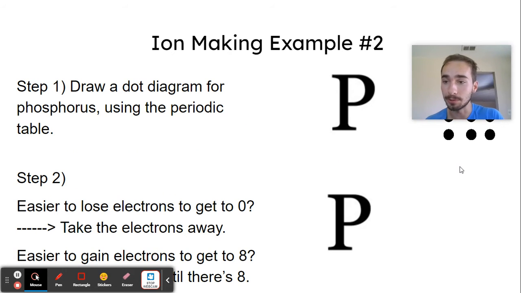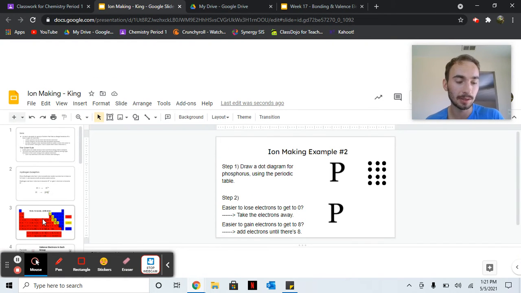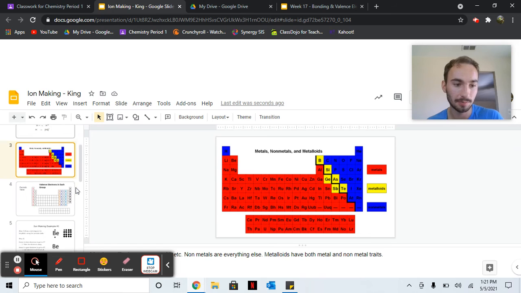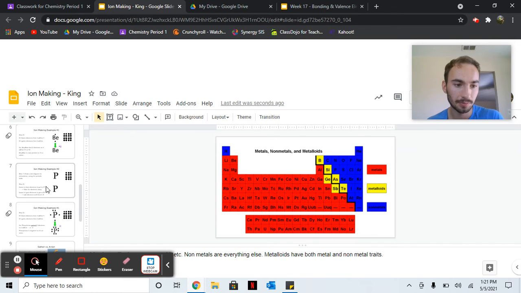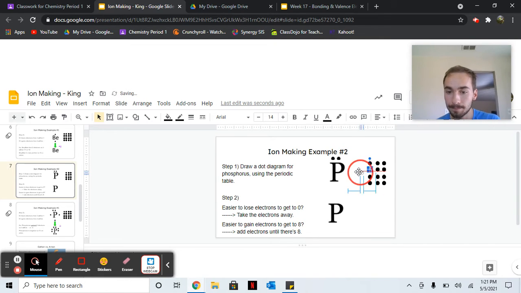The other example we'll do is phosphorus. So phosphorus, if you look for it on the table, you'll see phosphorus is in this column. And this column all has 5 valence electrons. So you put 5 valence electrons over here. Okay, so it has 5 valence electrons.